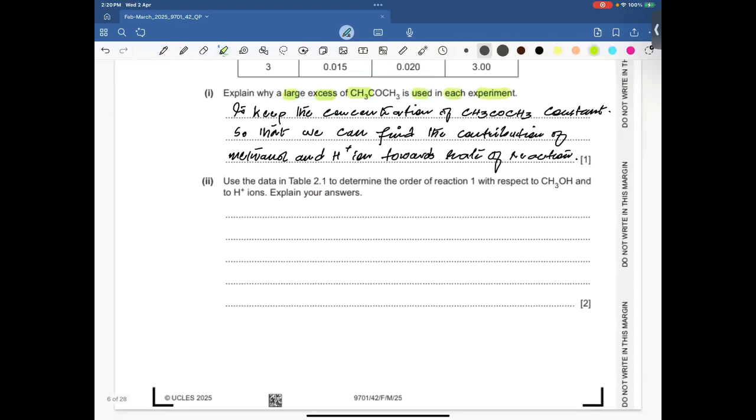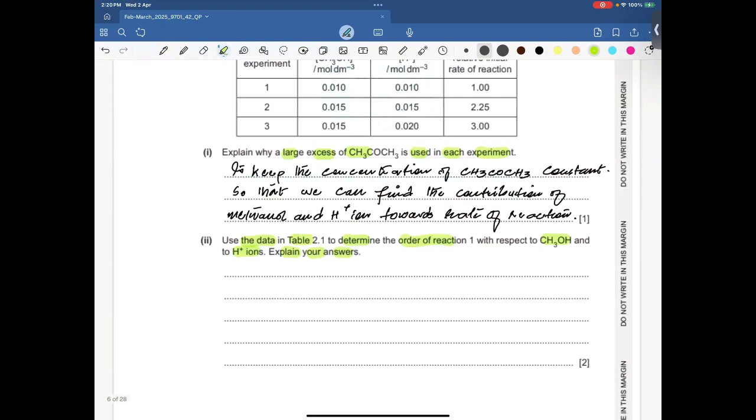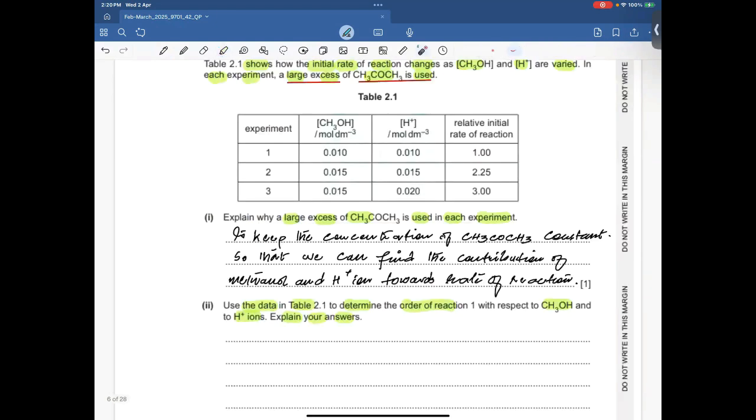Okay, next is use the data in table 2.1 to determine the order of reaction 1 with respect to methanol and hydrogen ion. Explain your answer. First of all, I need to find the order of reaction with respect to hydrogen ion, and for that, we need to keep the concentration of methanol constant. The concentration of methanol is constant in experiment 2 and experiment 3.